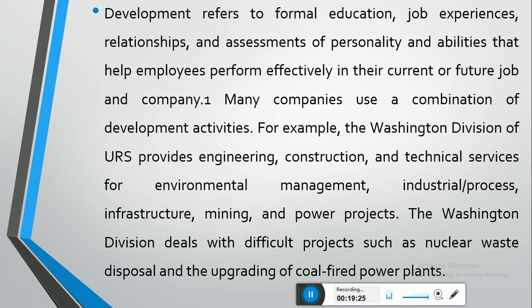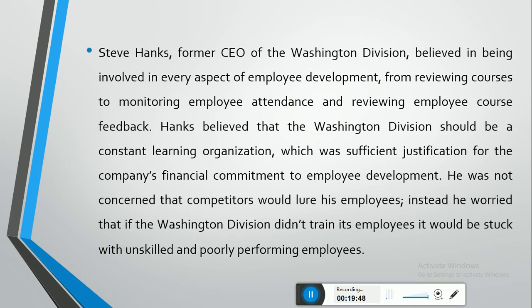For example, the Washington division of URS, which provides engineering, construction, and technical services for environmental management, industrial process, infrastructure, mining, and power projects. The Washington division deals with difficult projects such as nuclear waste disposal and the upgrading of coal-fired power plants. So you see that this is a company.